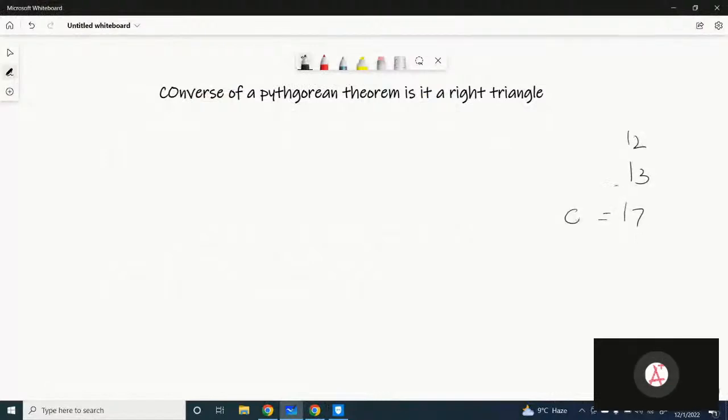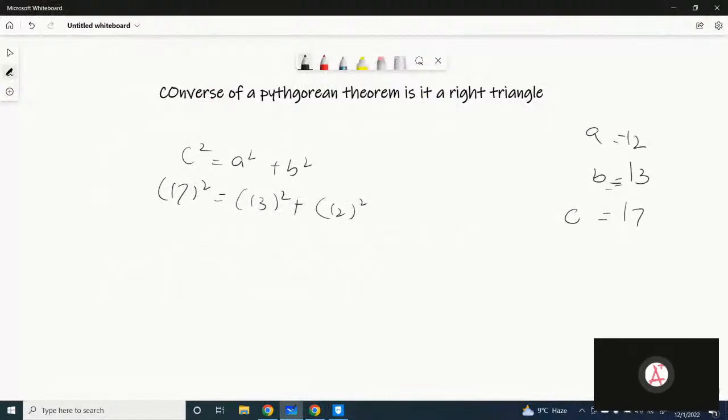It would be C, B, and A. So C square equals A square plus B square. So C is 17, A is 13 square, and B is 12 square.